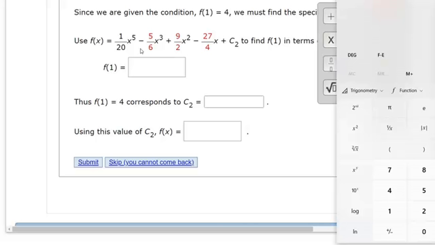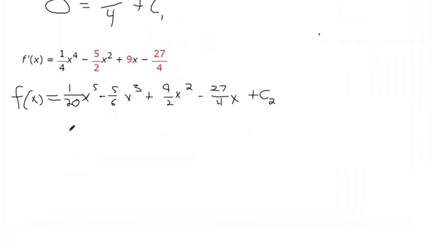The common denominators are brutal here, because the 6, you got to have everything in terms of 20. Okay, so we're plugging in 1. If I plug in 1 everywhere, we just get the coefficients.